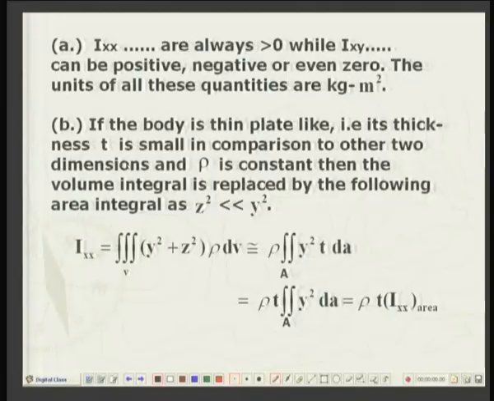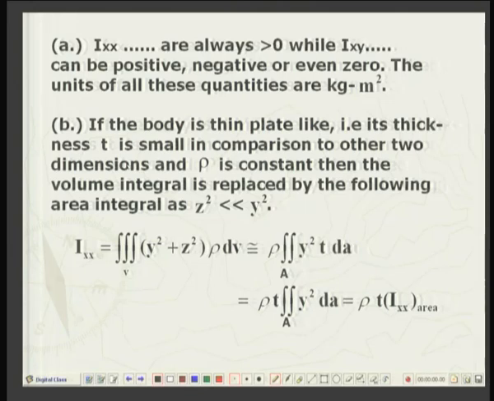Now, let us look at some of the important properties of these moments of inertia and product of inertia terms. First of all, the moments of inertia terms Ixx, Iyy, Izz involve sums of squared quantities, x square plus y square plus z square, etc. A squared quantity is always positive, and positive quantities summed are always positive. So Ixx, Iyy, Izz will always be positive quantities.